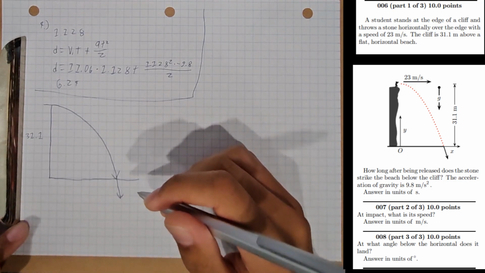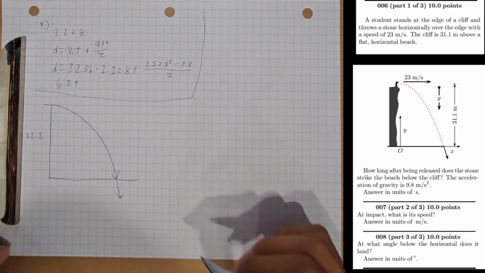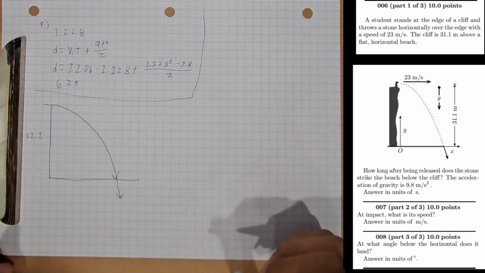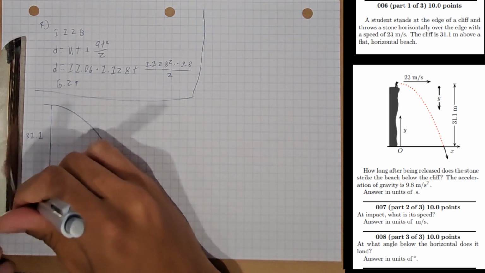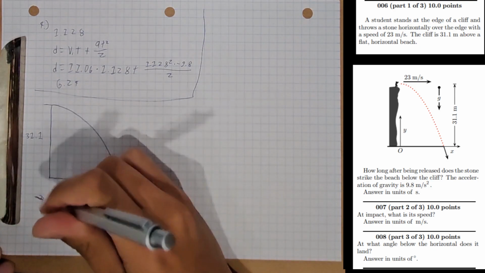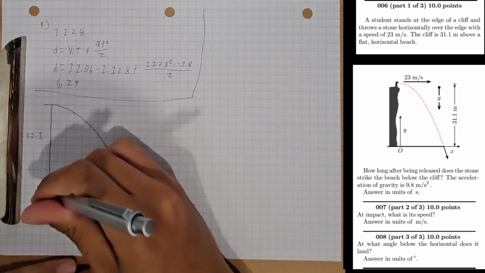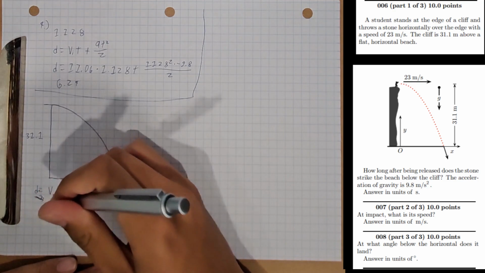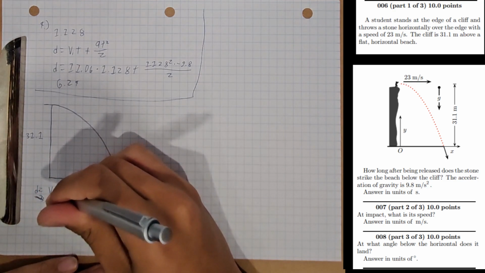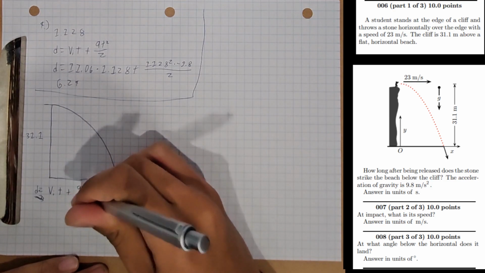So remember that x and y components work separately, so you're just going to solve for the y component here, using the distance formula, which is d equals initial velocity times time plus acceleration times time squared over 2.